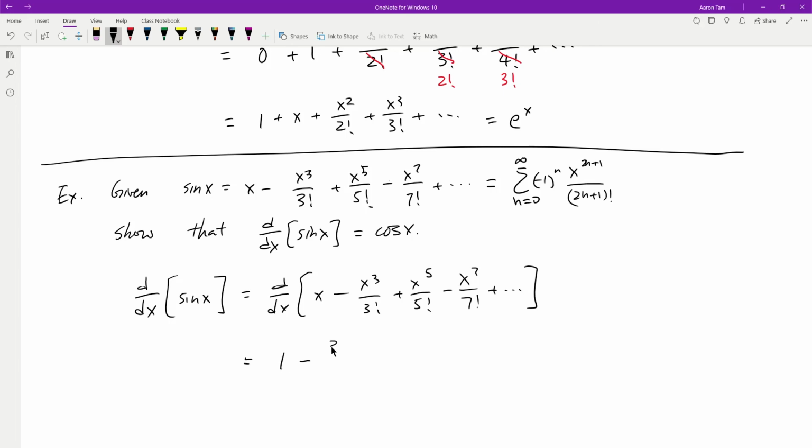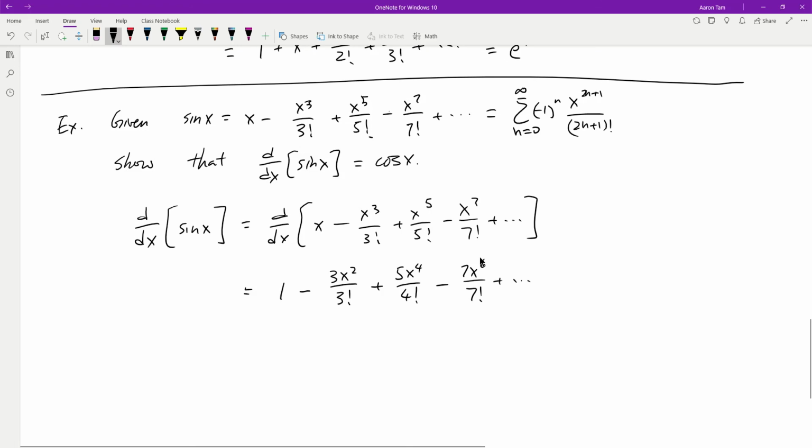And the derivative of x to the third is 3x squared over 3 factorial, plus 5x to the fourth over 5 factorial, minus 7x to the 6 over 7 factorial, plus ... And so once again, the 3 cancels with the 3 factorial to give you 2 factorial, the 5 cancels with the 5 factorial to become 4 factorial, and the 7 with the 7 factorial becomes 6 factorial.